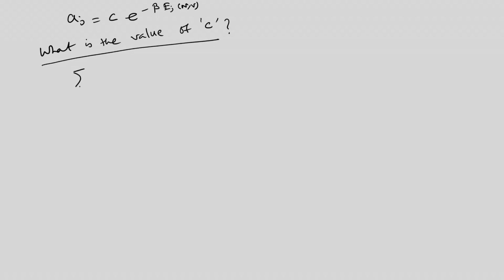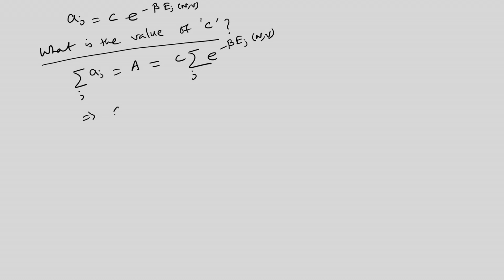Sum over j of AJ is nothing but A, the total number of states, and is C times the sum over j of e to the minus beta EJ.